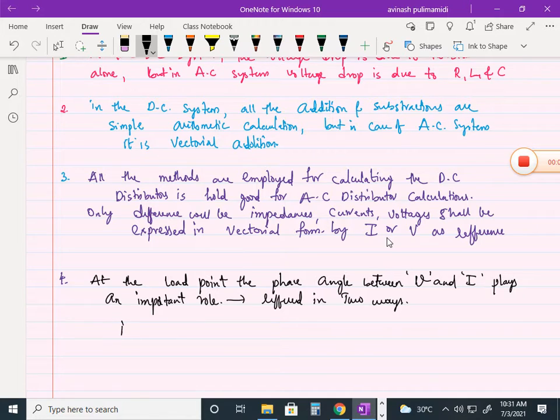First one is by taking the supply voltage Vs as the reference phasor.